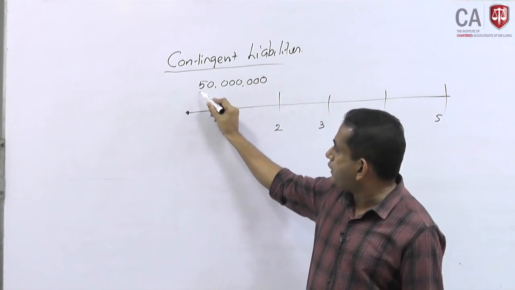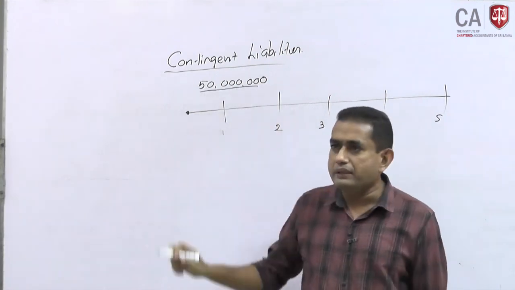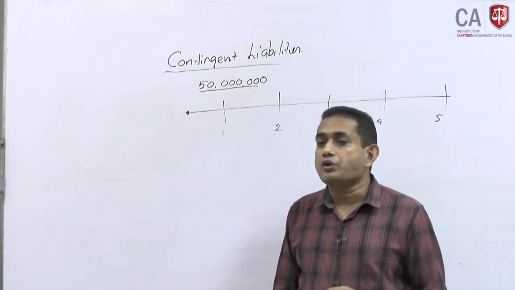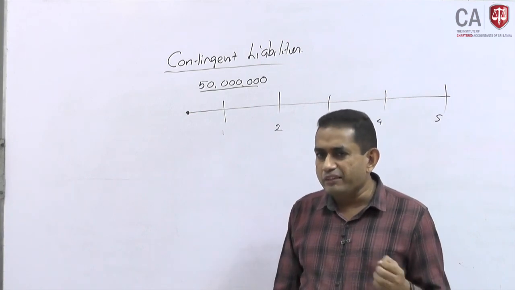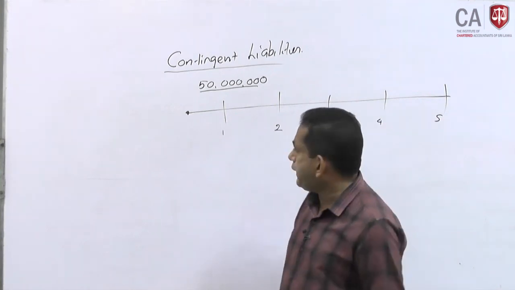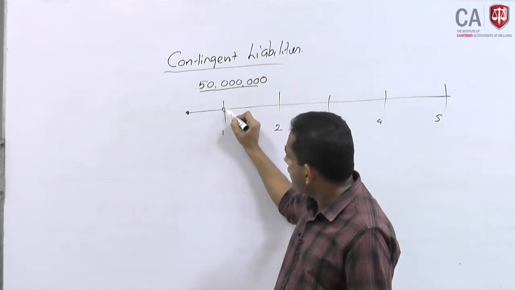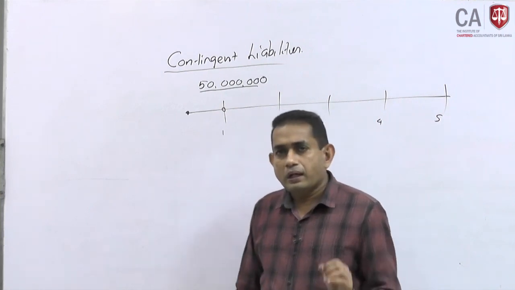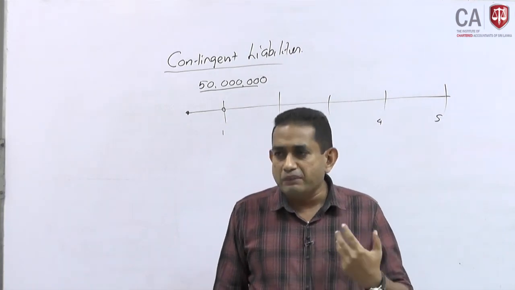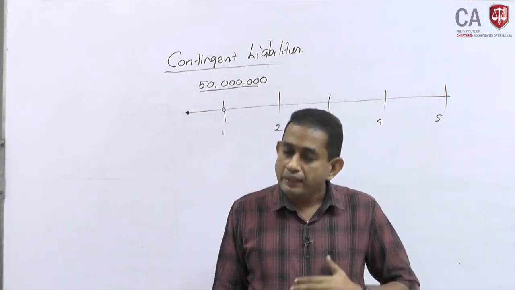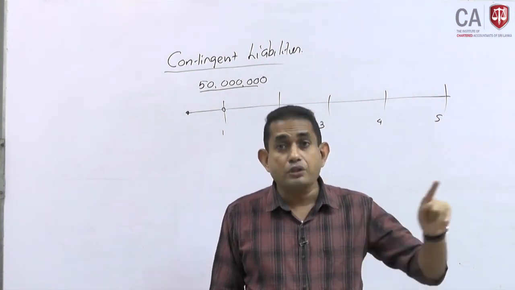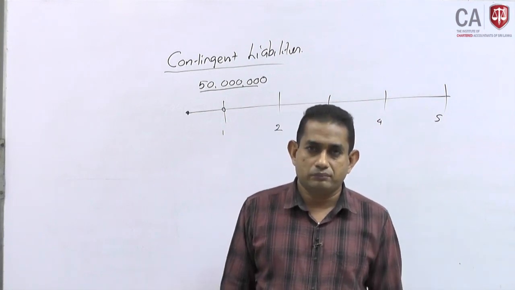And then we decided to recognize this 50 million government grant by 1/5 of the grant every year, so that we recognize 10 million rupees to profit and loss every year. The government says if the number of employees falls below this minimum norm of 500 in a particular year, 1/5 of the grant should be paid back to the government.